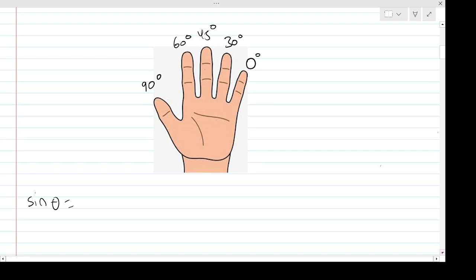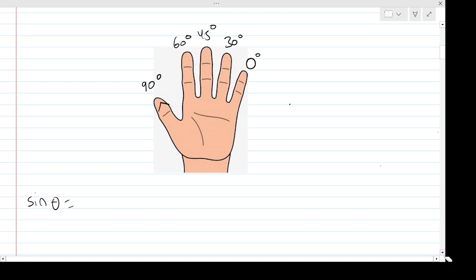So if we wanted 45 degrees, we'd start at 0 here and then go one finger to 30 and then another finger to 45. That'll be 2 fingers moved, right? If we wanted 60, then it'd be 3 fingers moved, because it'd be another one. And if we wanted 90, that'd be the 4th finger from 0. Okay, so that's how many fingers we used.